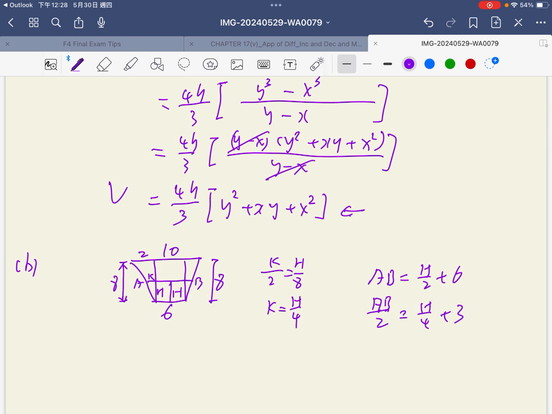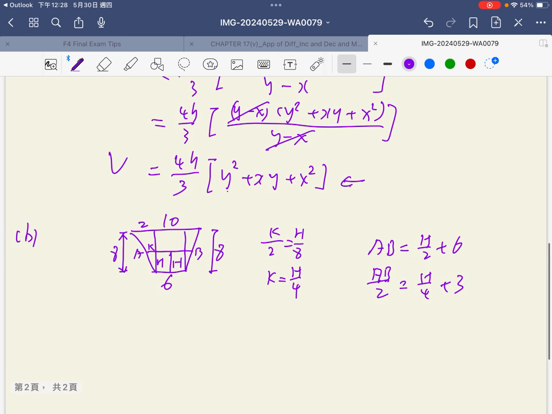Here X and Y are the half length of the square.